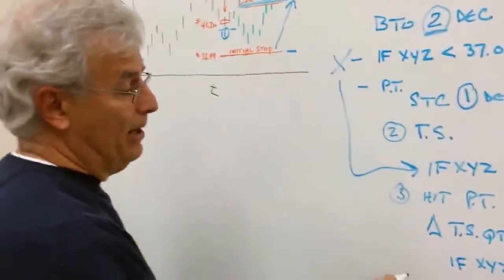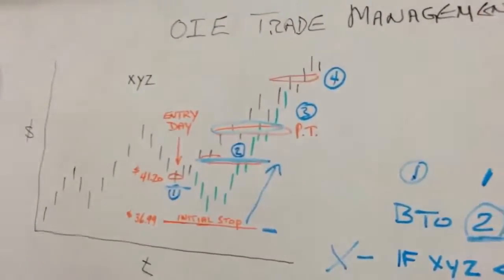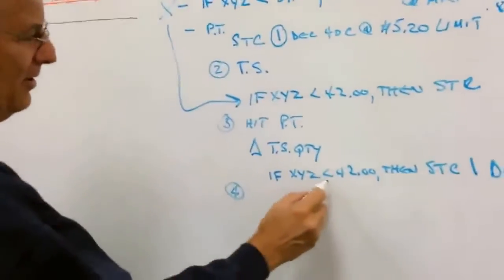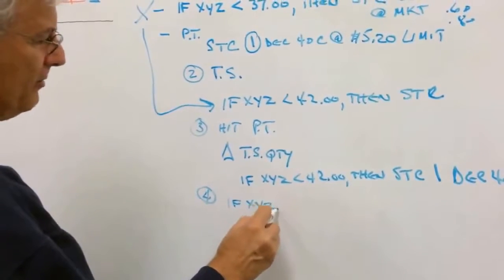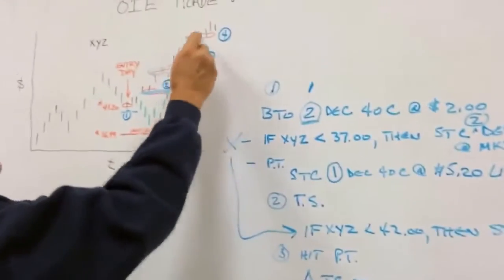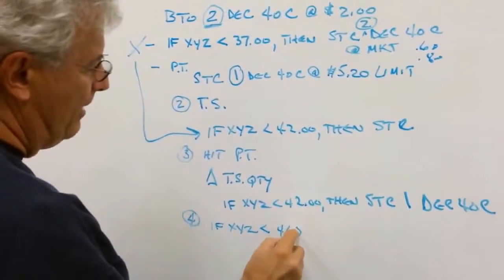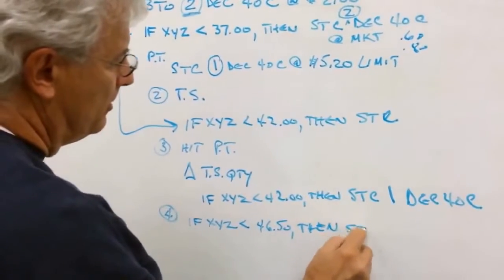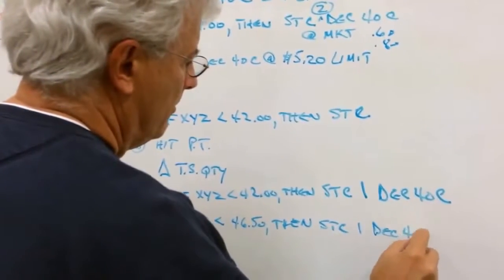Now the real exciting part is, if that's not enough excitement, at point 4, that second half position continues to make more and more money. And what will happen is the software will alert you to change the trailing stop to a higher level. And you just simply go in and say, well, if XYZ is less than, now let's say, less than 46 and a half, then sell to close 1 December call at market.